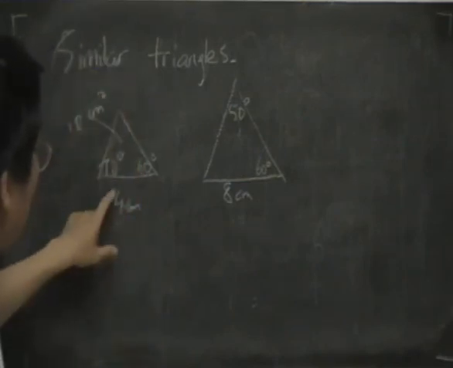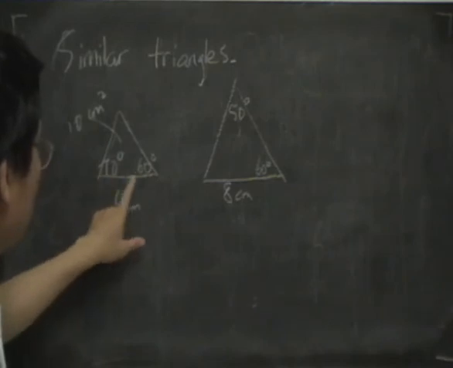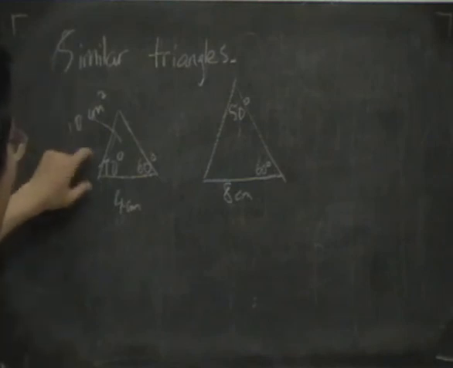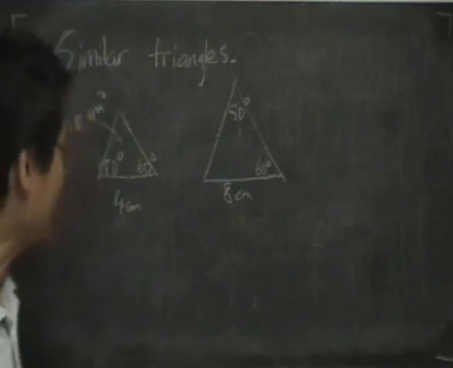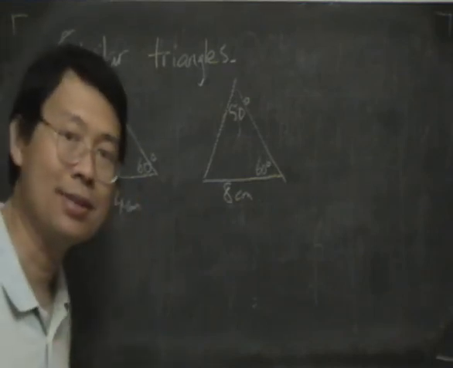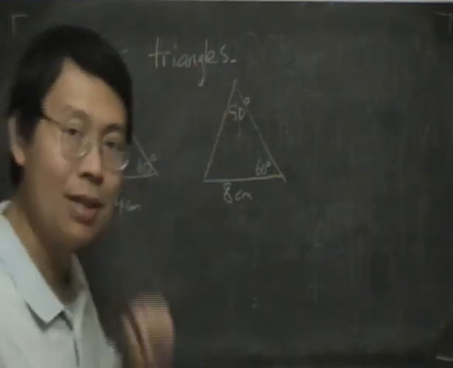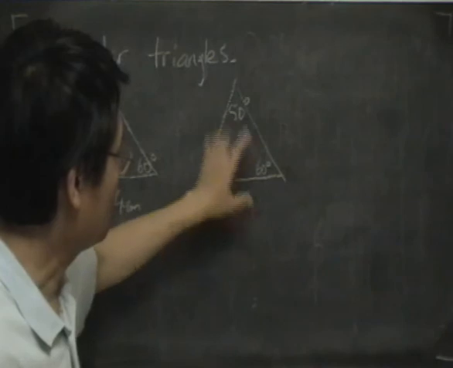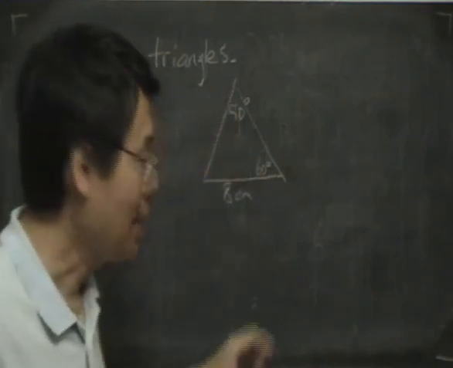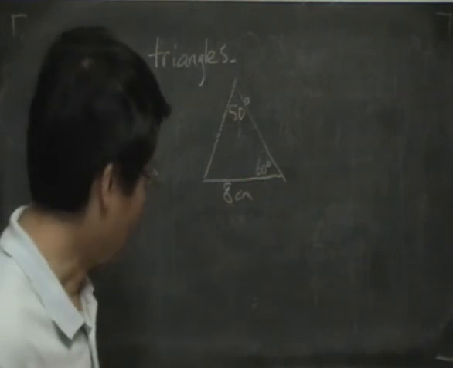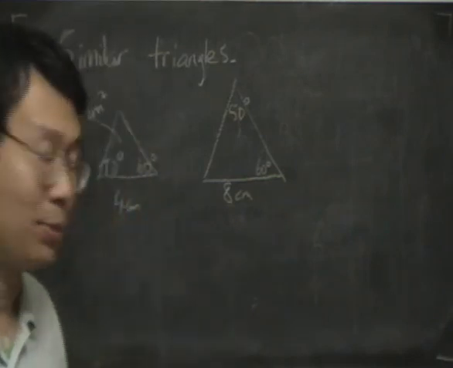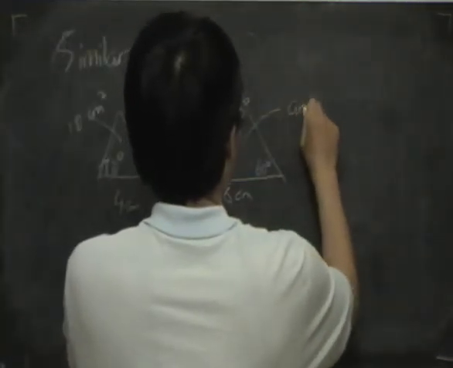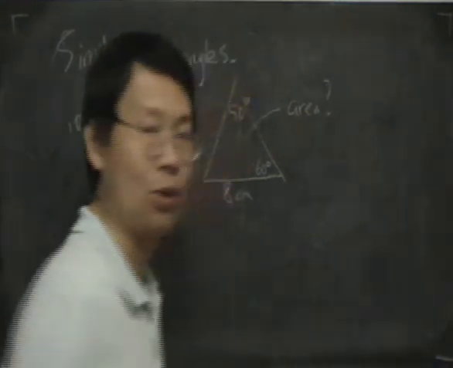In this smaller triangle, I know two angles, 70 and 60 degrees, but I don't know the third angle, and I'm given that the area is 10 centimeters squared and the base is 4 centimeters. Now in this bigger triangle, I'm given that the two angles are 60 and 50 degrees, and that one side is 8 centimeters. The question is, what is the area of this triangle?